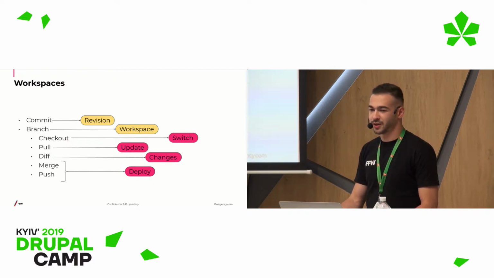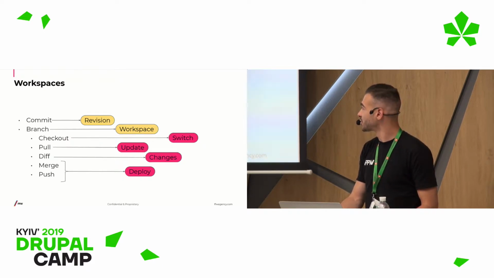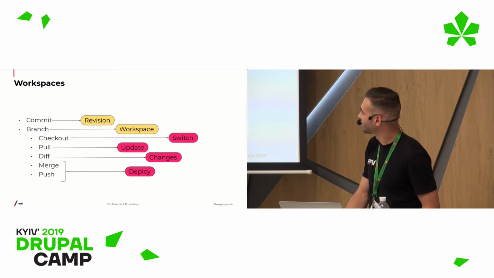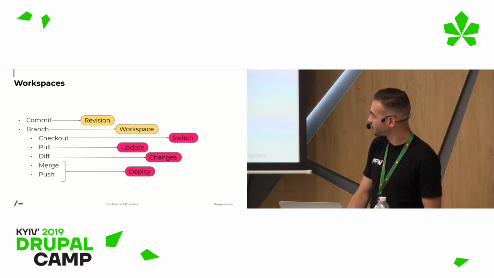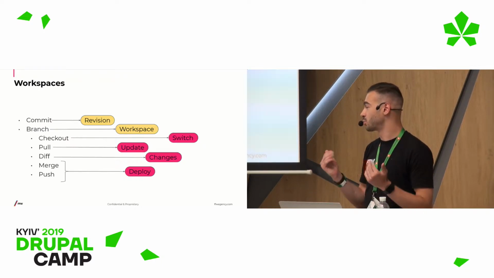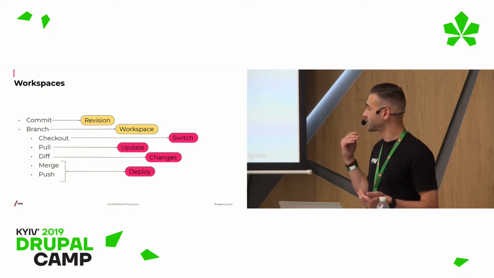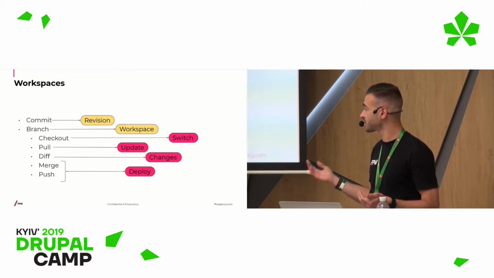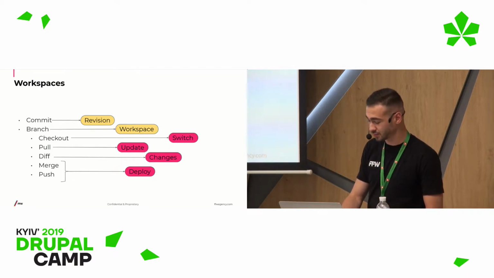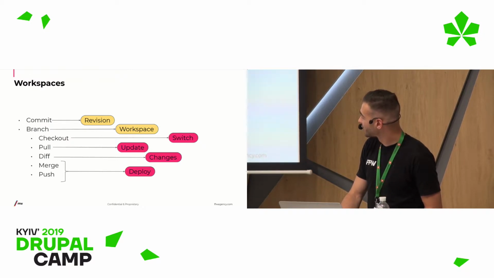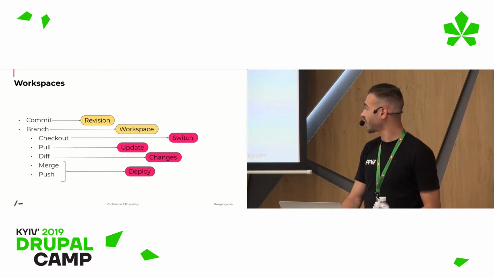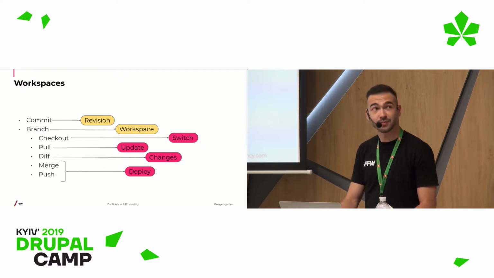And as we're using the administrative UI, we want to provide the UI to be able to switch workspaces, to pull the changes, to see the difference, and to deploy. As you see, it's highlighted in red. Those are the actions that come with workspaces, so I will use these terms further.